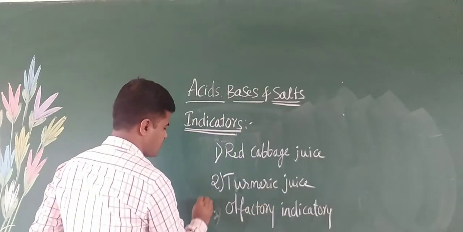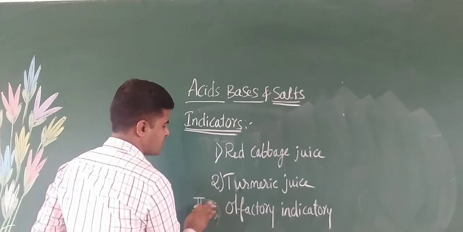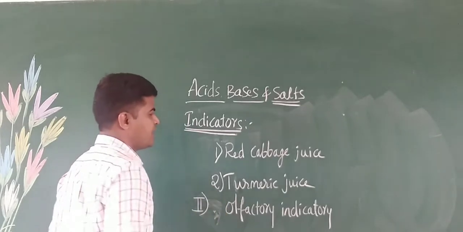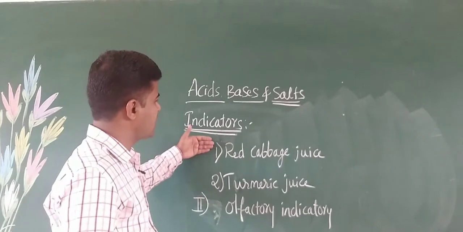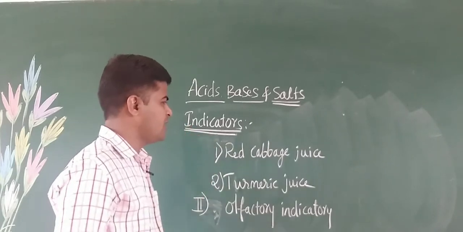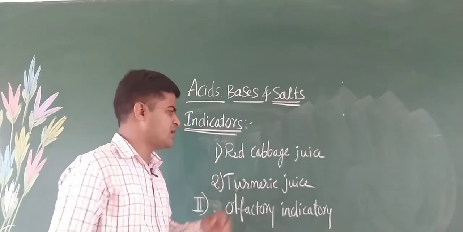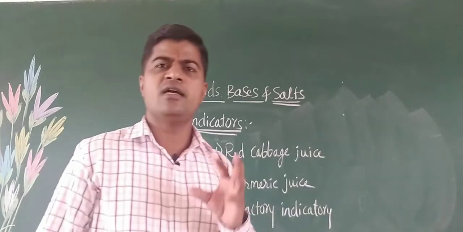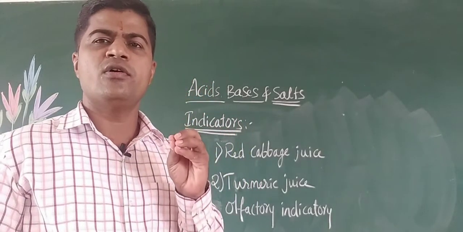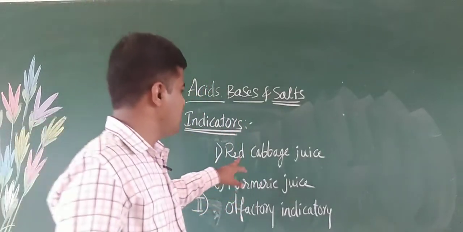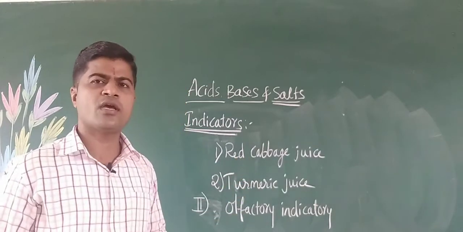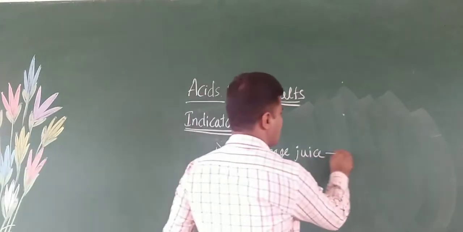So this is a separate category. Natural indicators like red cabbage juice and turmeric juice are the naturally occurring indicators.